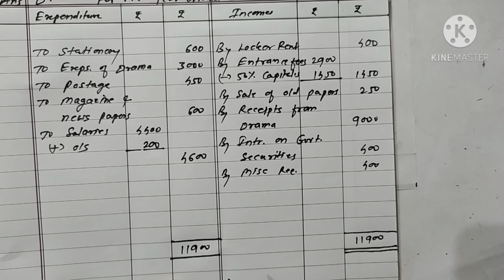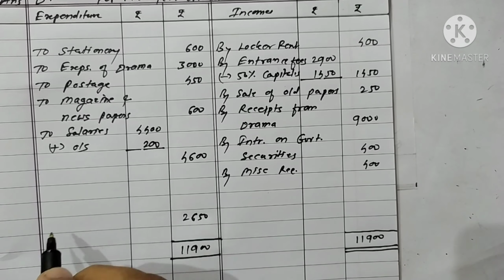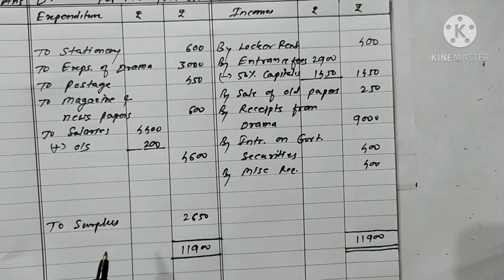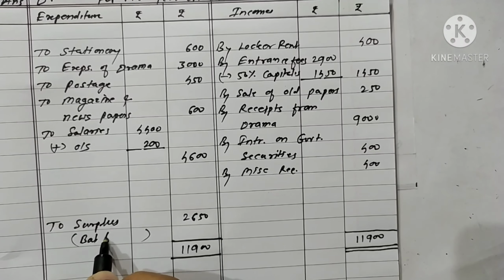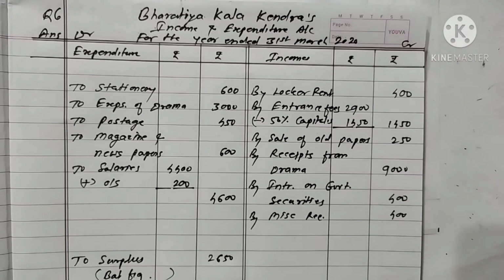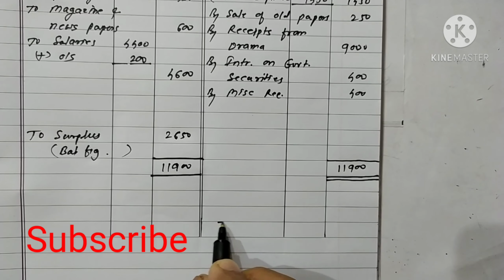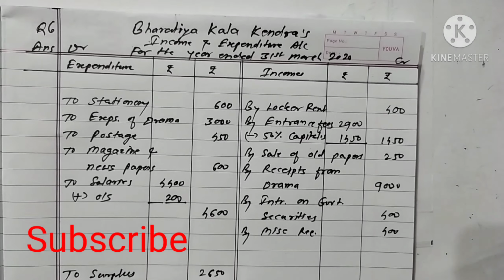From this we subtract all of these figures, and the answer comes to rupees 2,650, a surplus. Okay, this is the answer. It's a balancing figure. This is the complete answer. We close the answer sheet.